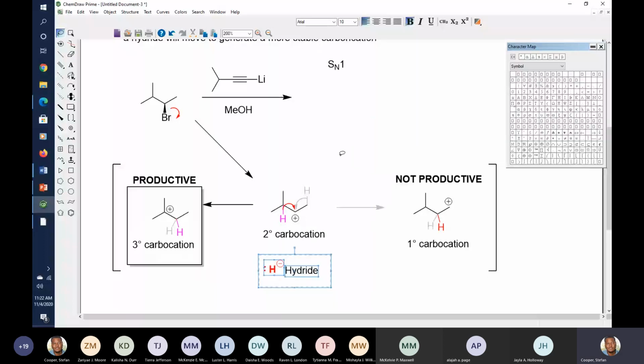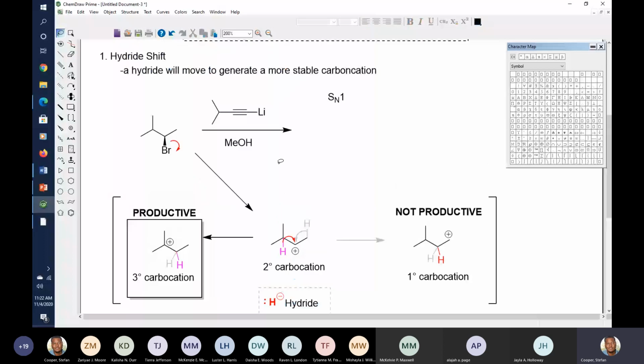Okay, good. So what ends up happening in this mechanism is that now I'm going to generate this carbocation. We know this happens through a hydride shift. Then my nucleophile is going to attack. So now this is ready to attack.